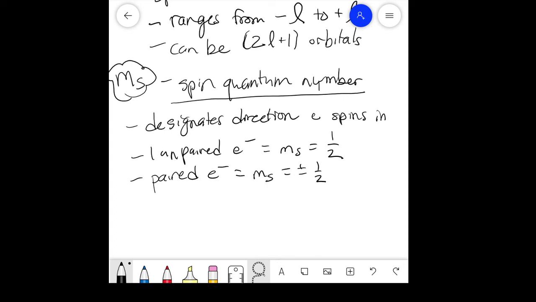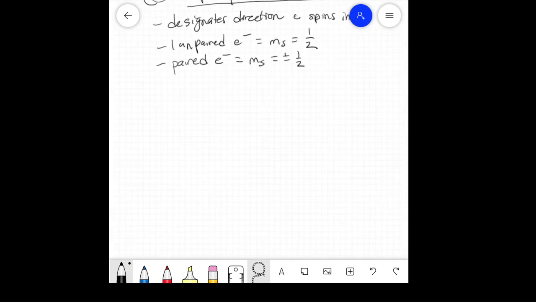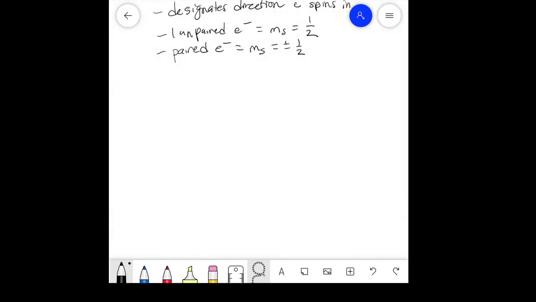So, what can we do with these? Well, now we can name electrons and tell where they're placed in space. So I'll do one quick example. We'll do nitrogen, because that has 7 electrons. The electron configuration for nitrogen, which I am making a video on, is 1s2, 2s2, 2p3.